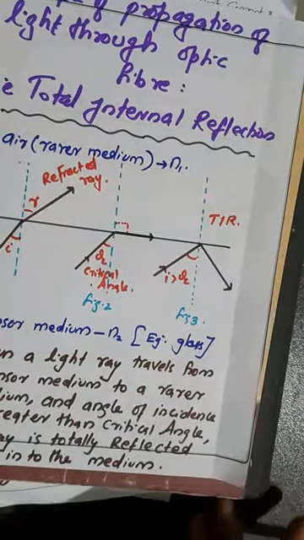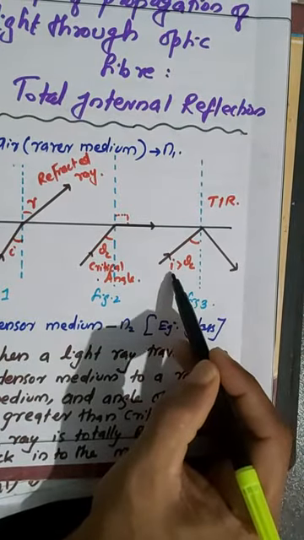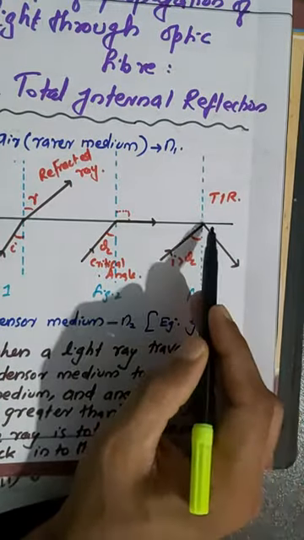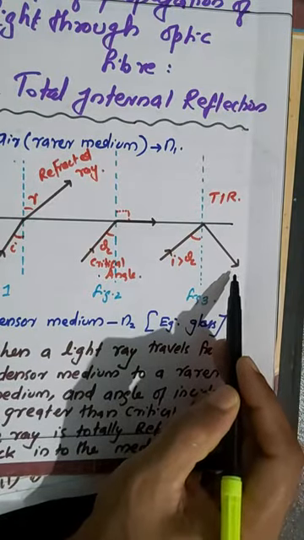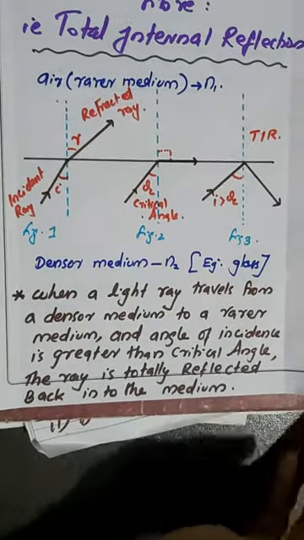Then we have the condition of total internal reflection. If the angle of incidence is greater than the critical angle theta c, then the ray is reflected back into the denser medium. This phenomenon is called total internal reflection, and that is the working principle of optic fiber.